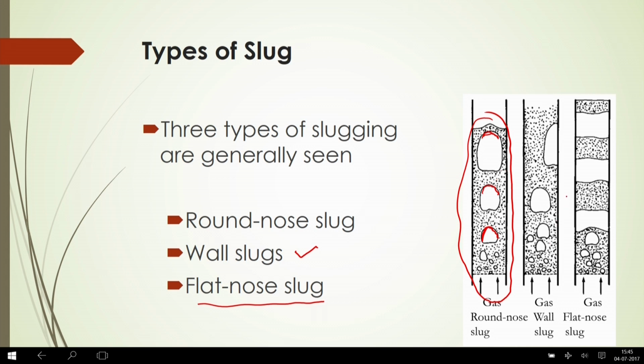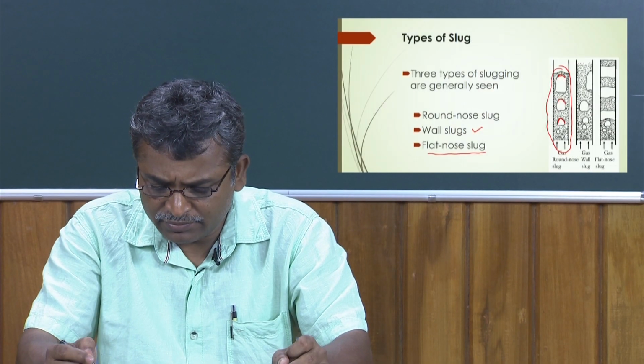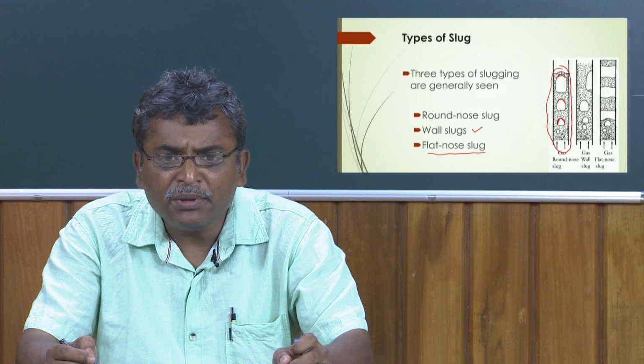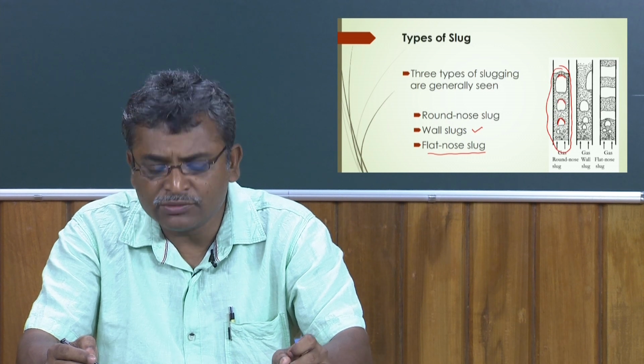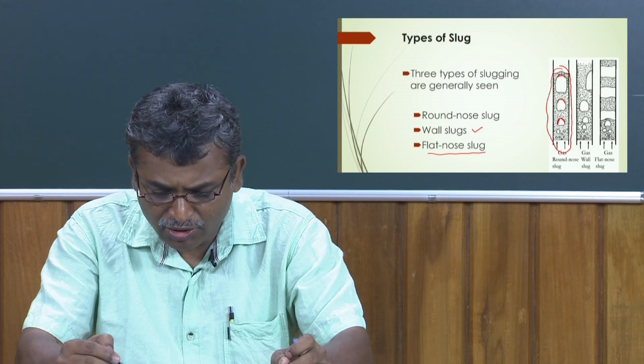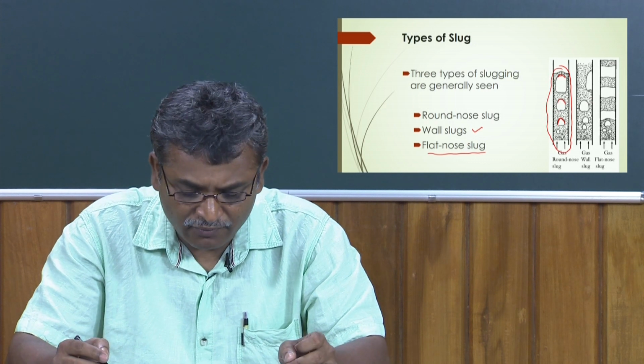Some slugs or bubbles move in such a way that they touch the wall of the bed, and some other slugs, based on the flow rate of the operation, will occupy the whole cross section of the bed. So, based on the reactor diameter and other operating variables, you will see that these are the 3 common types of slugs formed in the fluidized bed.